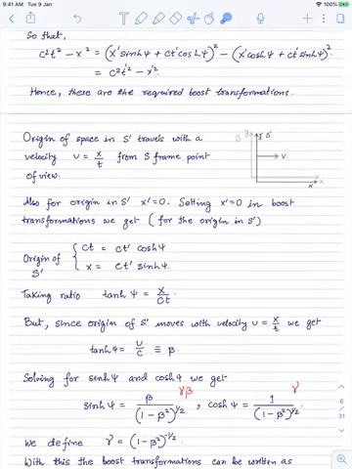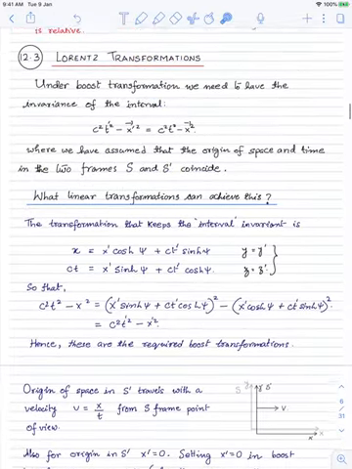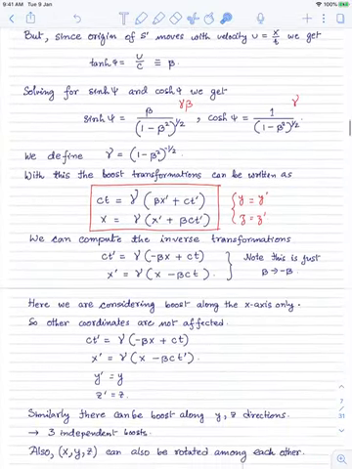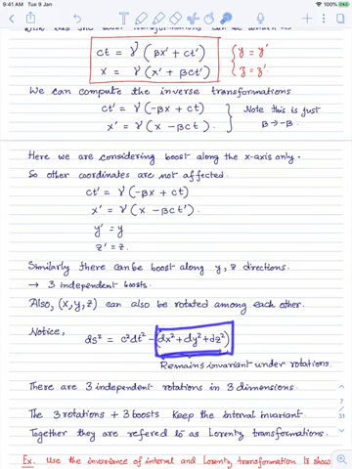I want to mention one thing which is very important. If I look at the structure of the way I have defined the interval, you see this combination of the distance is there in the interval. So if we rotate the coordinates x, y, and z, then this combination is going to be respected.